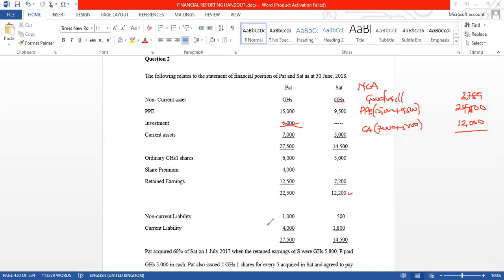This one is correct, so this part is my worry. There's something wrong with this question. So 12,200 plus 500 plus 1,008. It's fine. Balances off. So let's go on with this. So you have 3,789 plus 24,500 plus our 12,000.